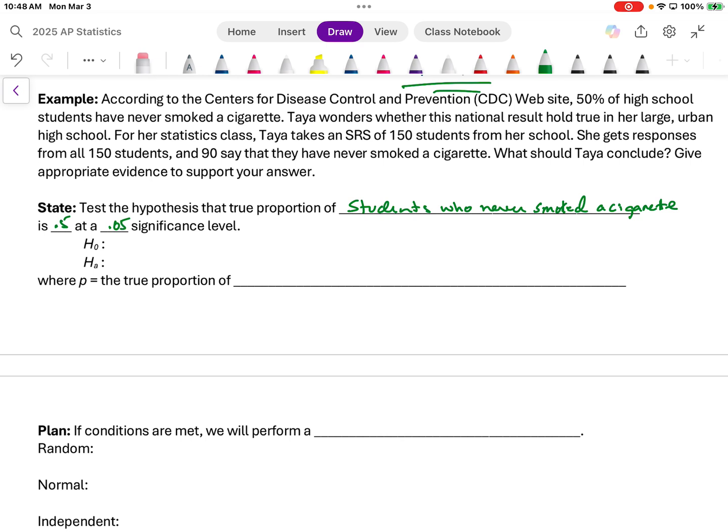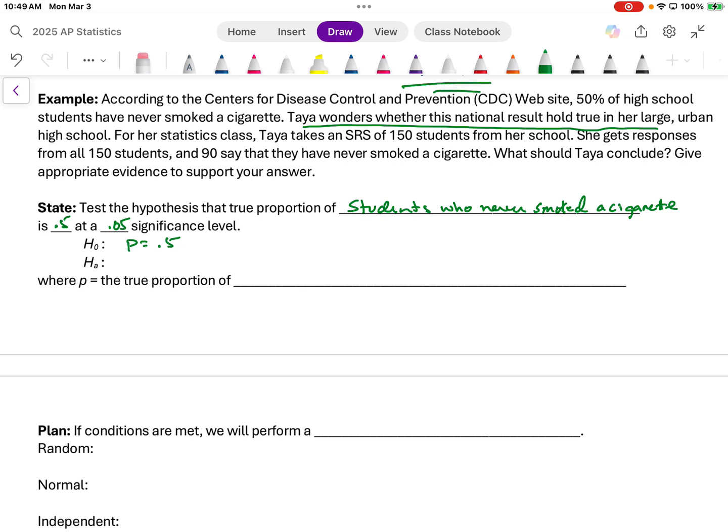All right. So what is our null hypothesis? P is equal to 0.5. What's our alternative? Taya wonders whether this national result would hold true.